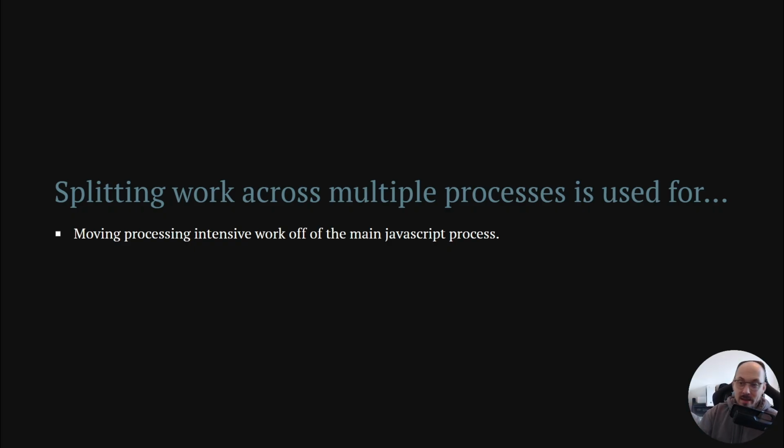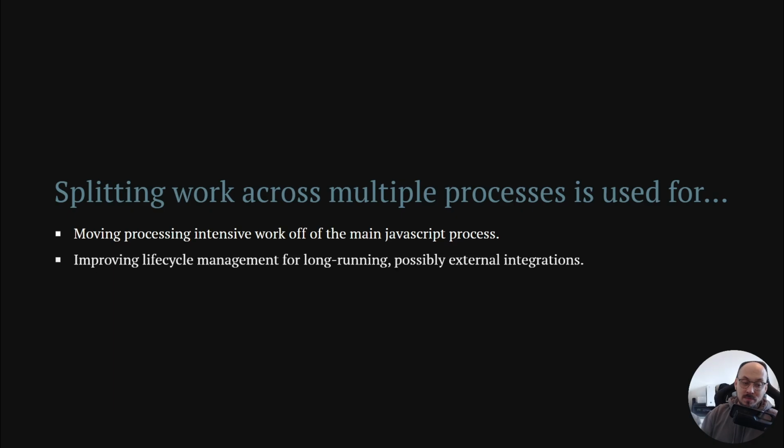We don't want to provide the user with a janky, bad, laggy experience. So we can move some of that stuff into a separate process, freeing up the main process so that it can actually focus on the user experience.